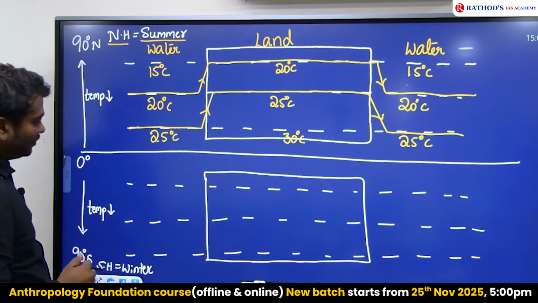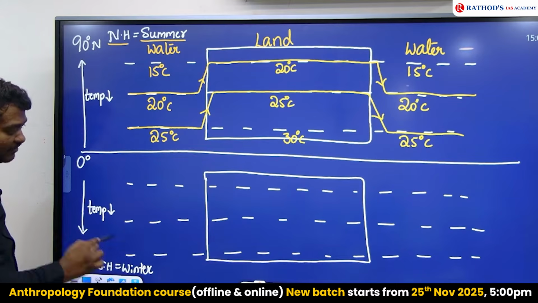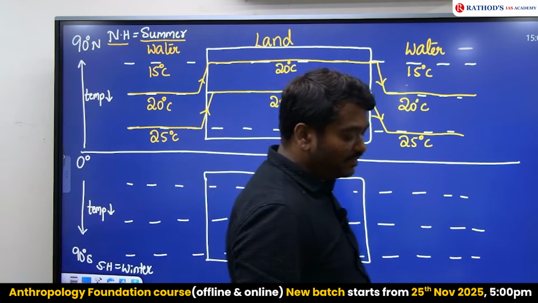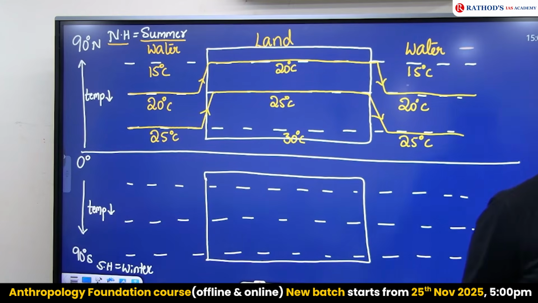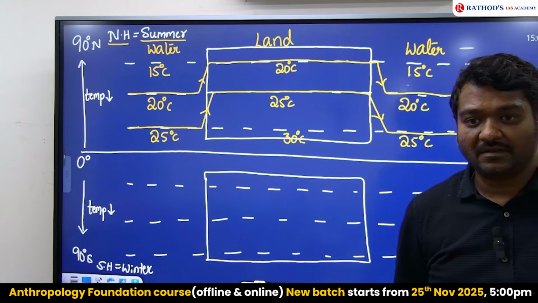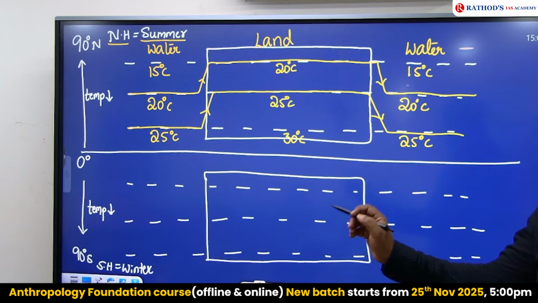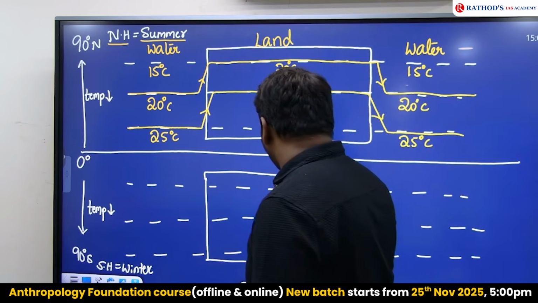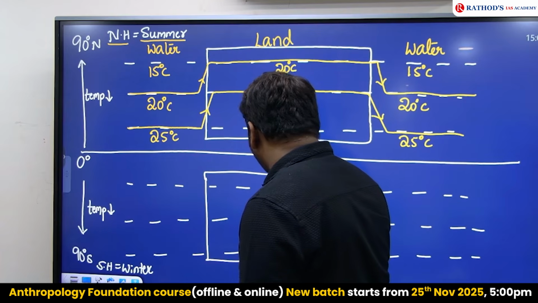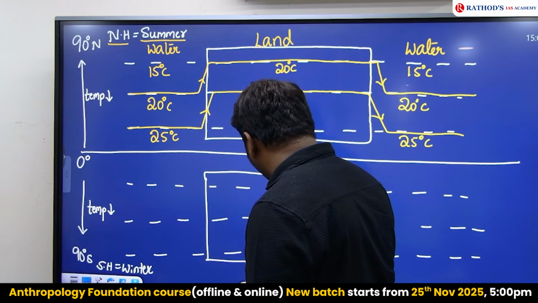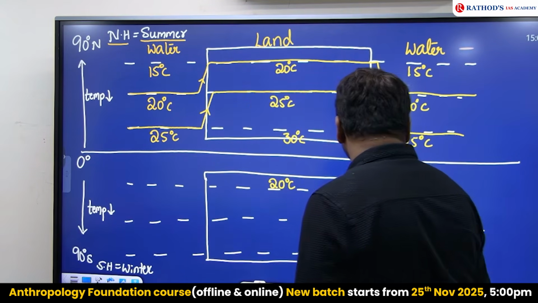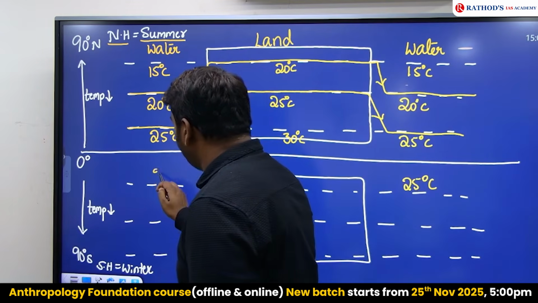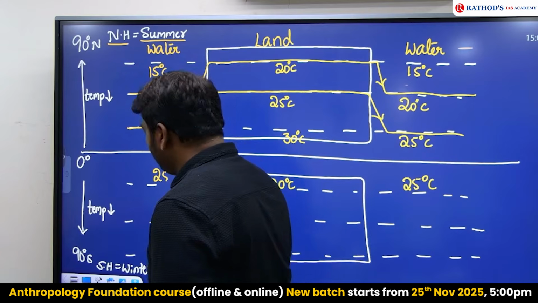Now you see, southern hemisphere winter. You tell me, in the winter season, land and water, which one will be hot and which one will be cold? Water will be hotter, land will be cooler. So if I take land to be 20 degrees Celsius, water will be 25 degrees Celsius.